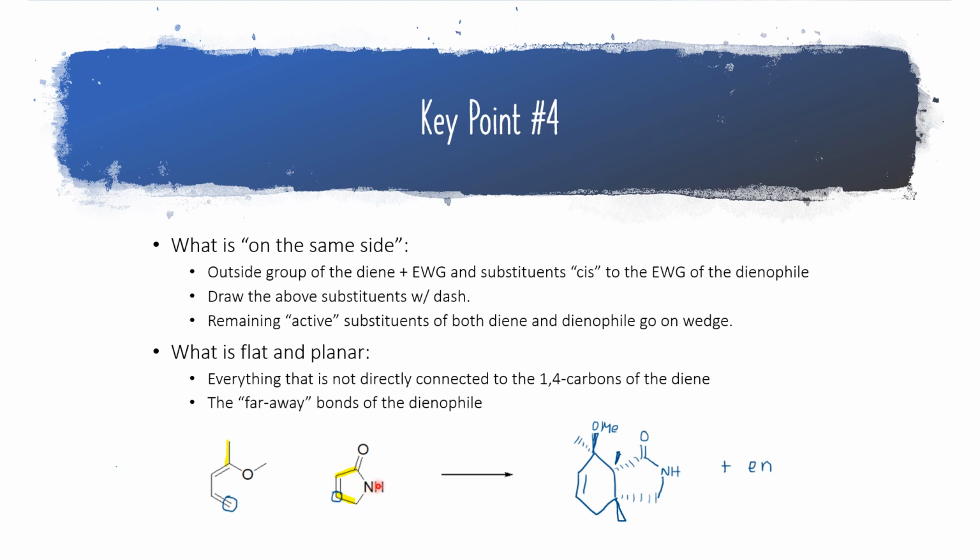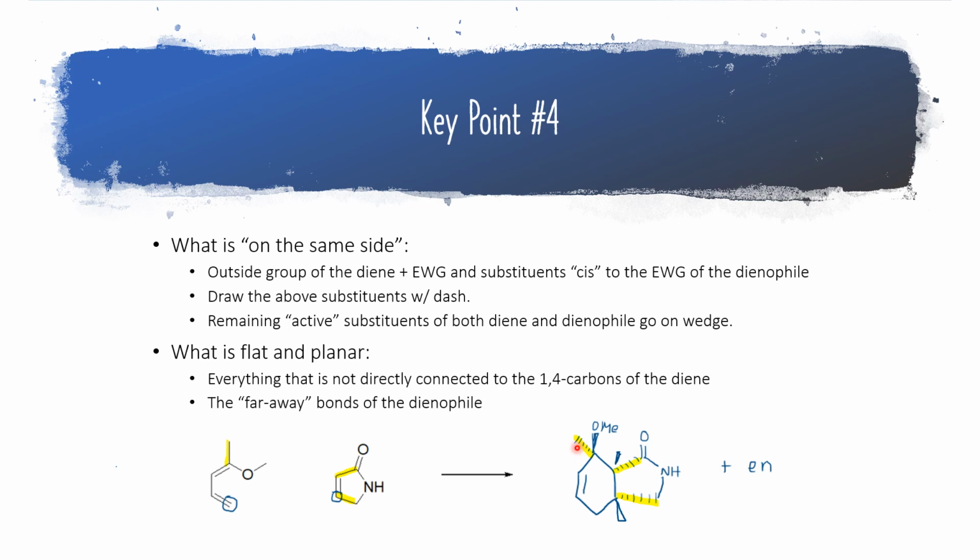And here you have the electron withdrawing group right here, and this is what's cis to the electron withdrawing group. So over here, this correlates to the product.